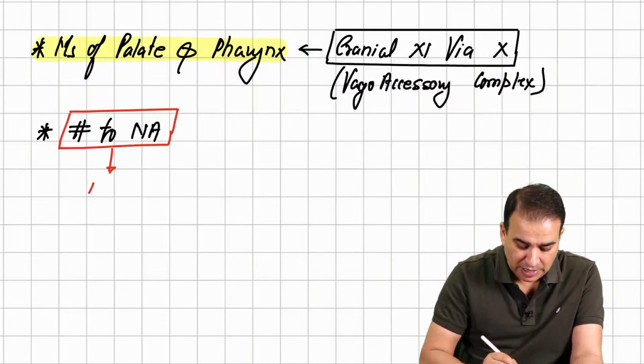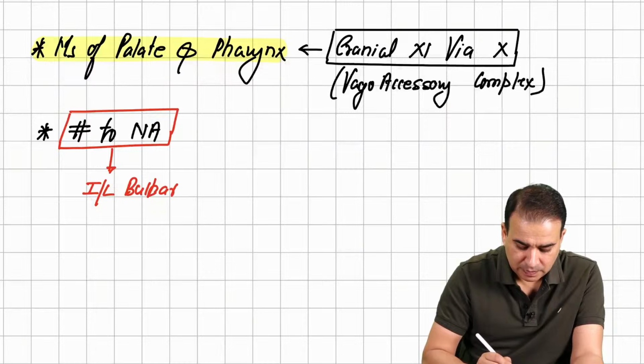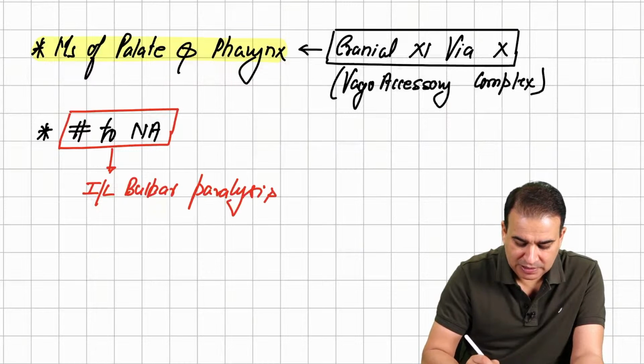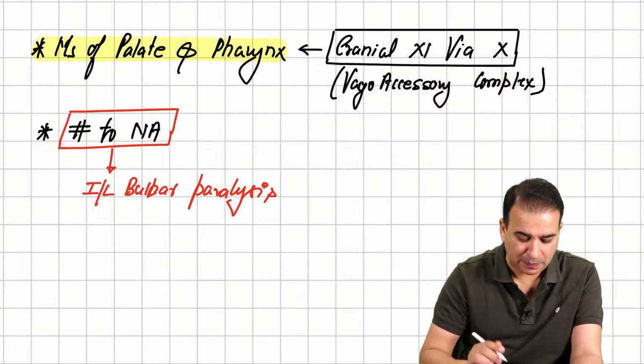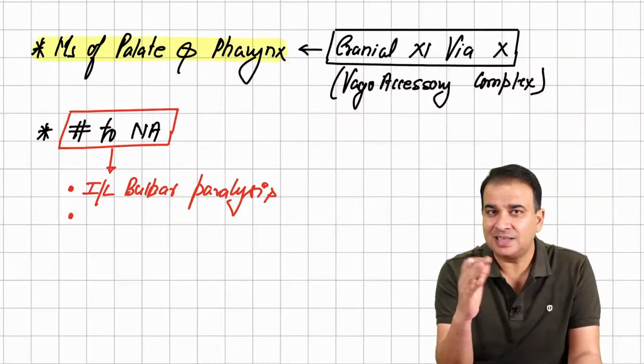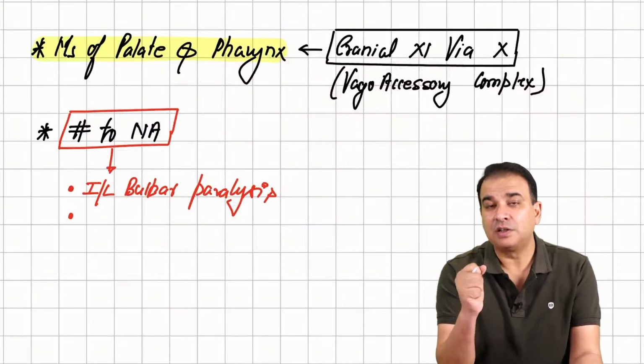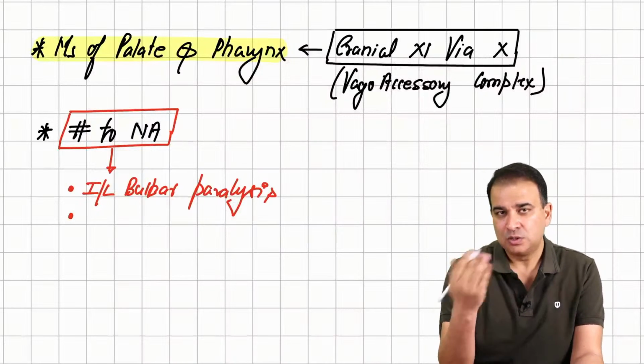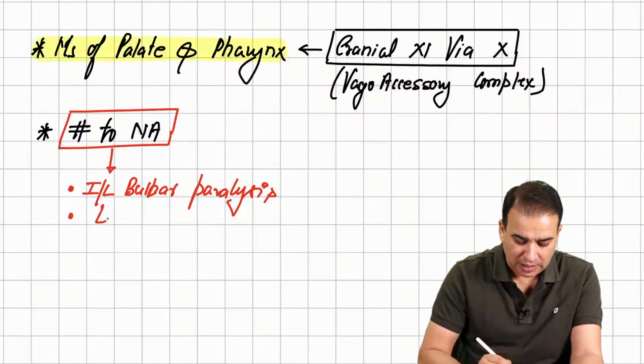So there will be an ipsilateral bulbar paralysis, guys. Not pseudobulbar, ipsilateral bulbar paralysis. That is one thing. And as you can see, the 9th and 10th nerves are responsible for the gag reflex also. So there will also be a loss of gag reflex on that side.